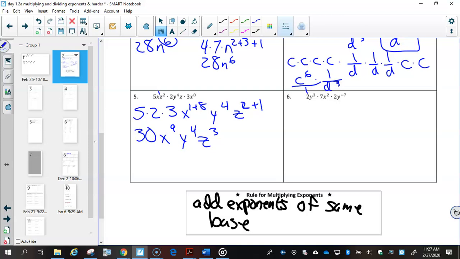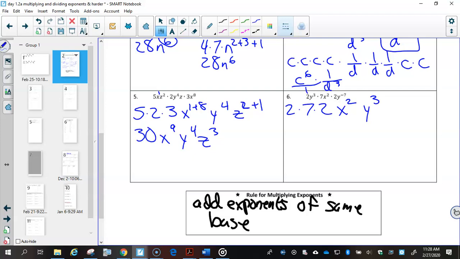For 6, again, you have numbers you can pull out. I see we have x's and we have y's. So in alphabetical order, do the x's first. Do you have multiple x's? No. So that one's not going to change. Now you have multiple y's, but one of your exponents is negative.